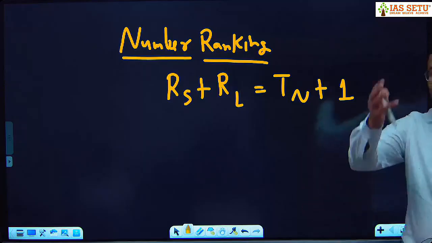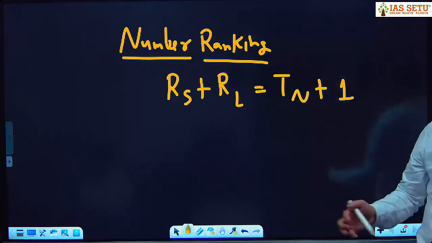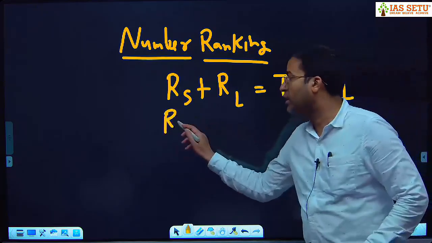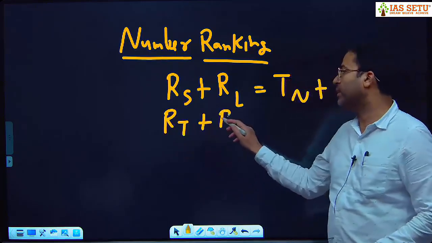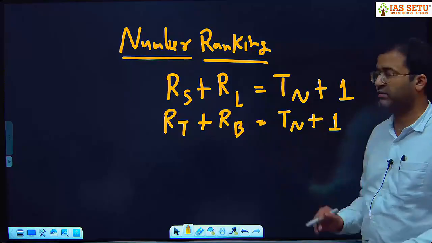Same thing, it can be top and bottom. You can see the ranking top to bottom. So here we have the formula: ranking from top plus ranking from bottom is equal to total number plus 1.